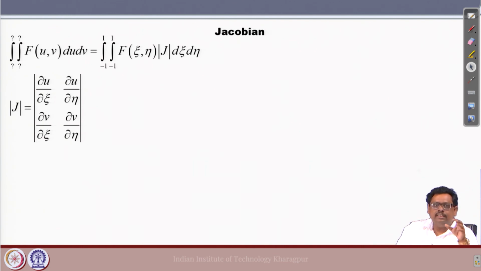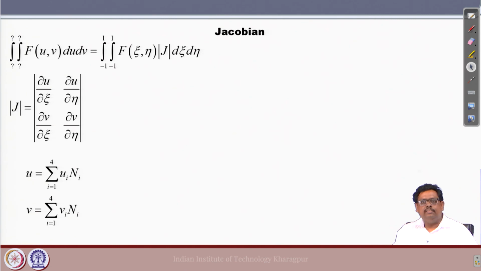This is how we do the Jacobian, and this is the standard formula, which everybody knows. Now, how to apply it here? By definition, u is the summation of u I N I and v is the summation of v I N I. So, I know this definition, right.